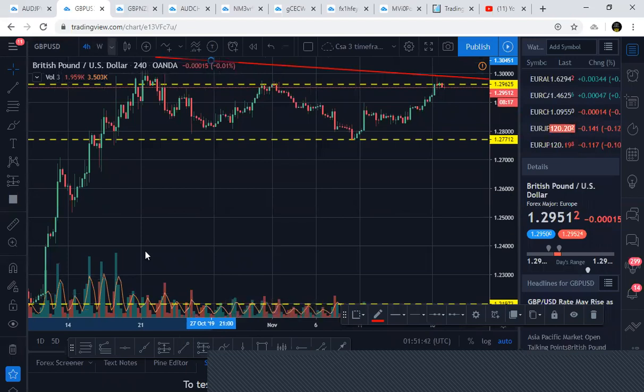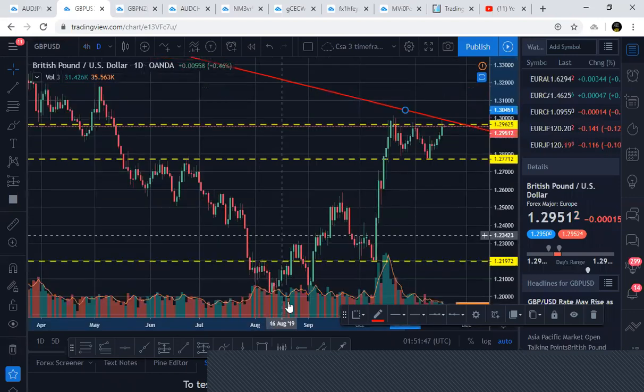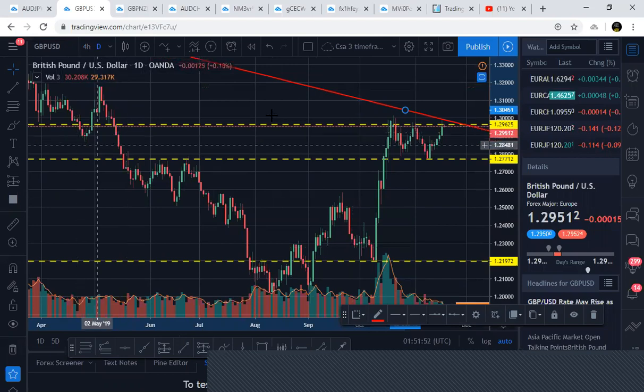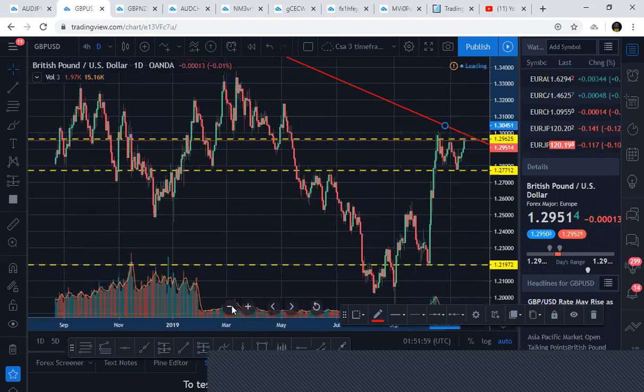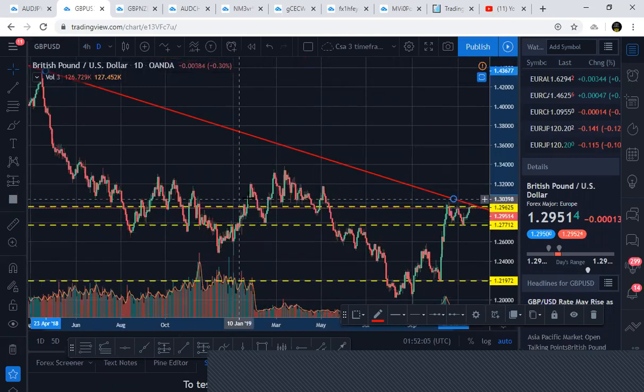Go back up to a daily. We start on the right side. We look to the left. The left is going to tell us what possibly could happen to the right. And you notice how our levels are actual support and resistance zones.